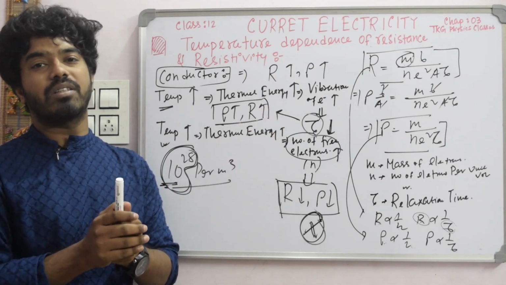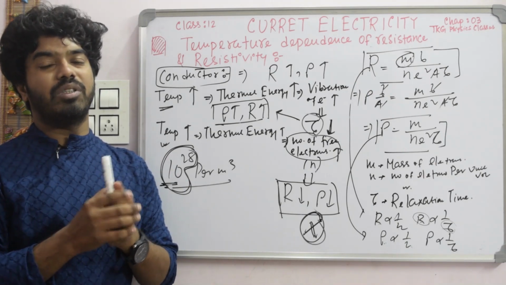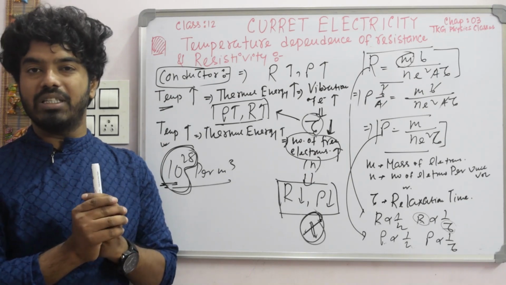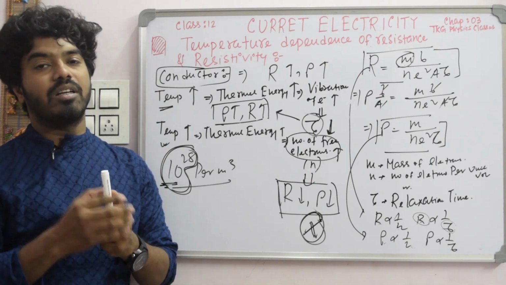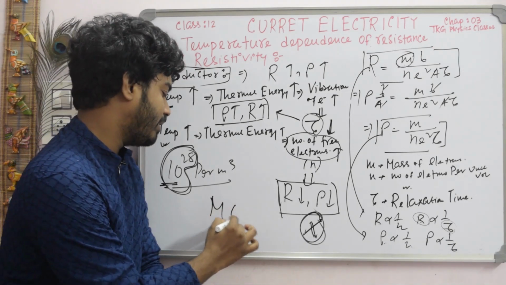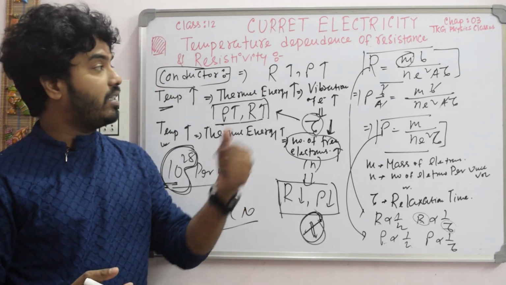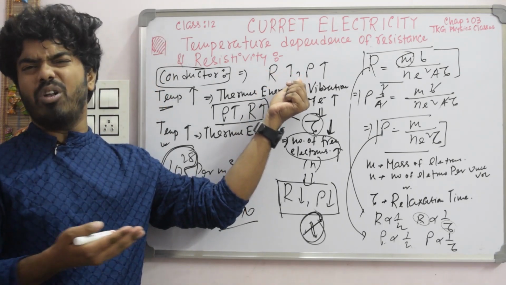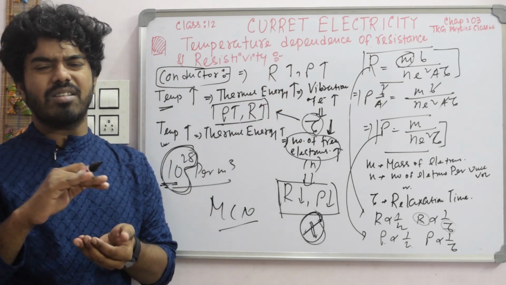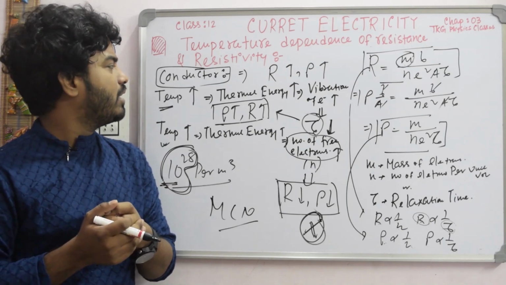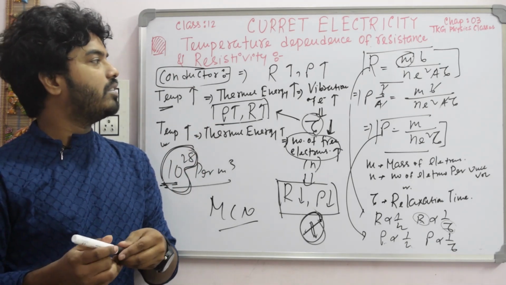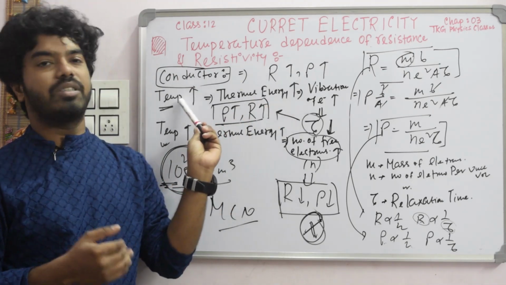So for this purpose, we made some alloys by mixing some metals, and these alloys have special properties: nichrome, manganin, constantan, MCN. For these alloys, resistance and resistivity remain almost constant, not exactly, but they vary very slowly. But in case of most metals, resistance and resistivity increase when temperature increases.